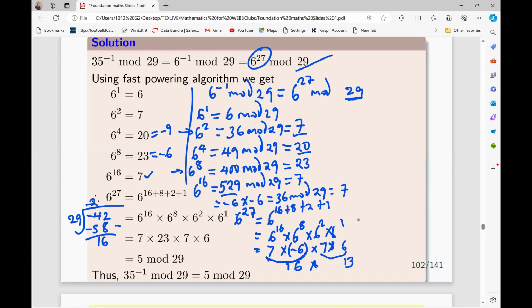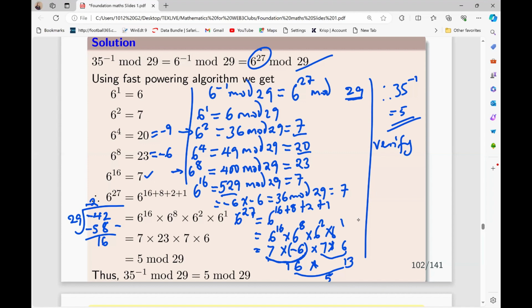208 divided by 29 goes 7 times. The remainder is 5. So these two are giving us 5. Therefore, the inverse of that 5 is 5. As I said, you can always verify.